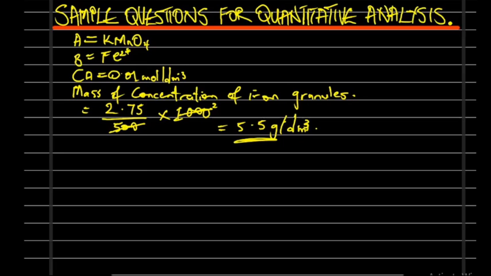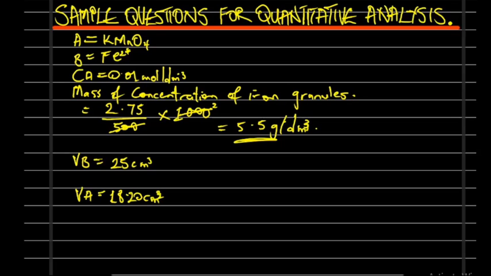And then we have our VB, which is the volume of the base coming from the pipette that has been used, to be 25 centimeter cube. So let us now see our VA from our question. We said our VA equals 18.20 centimeter cube.